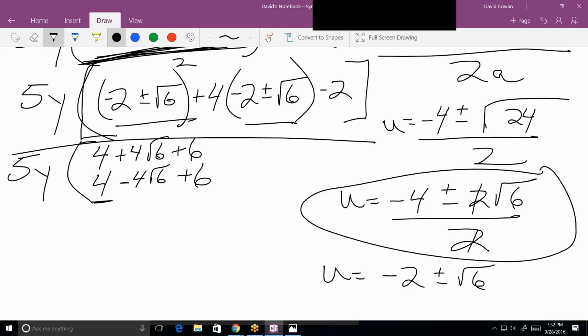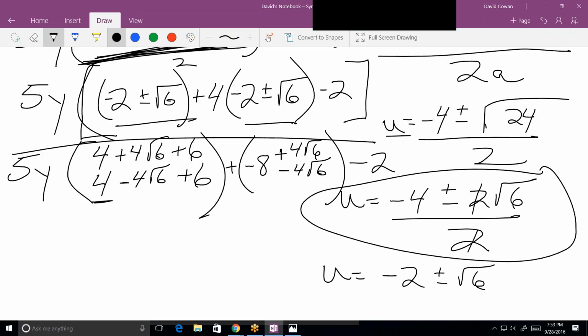So both of those work. In other words, both of those satisfy that. And if I do the rest of it, I get minus 8 plus 4 root 6 minus 2, and minus 8 minus 4 root 6 minus 2.